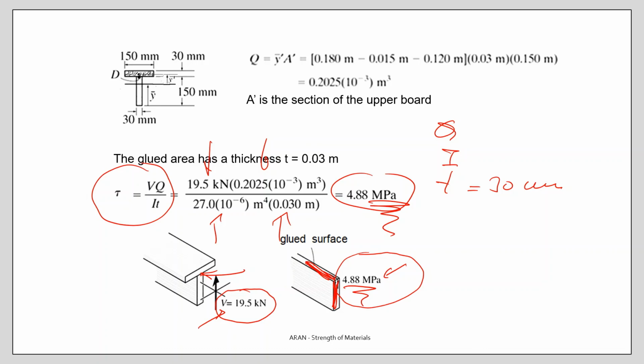So we shouldn't use the average tau value by taking the force divided by the area. Instead, we know that in a section the maximum shear stress will be higher than the average, and it will be on the neutral axis. Thank you for listening.